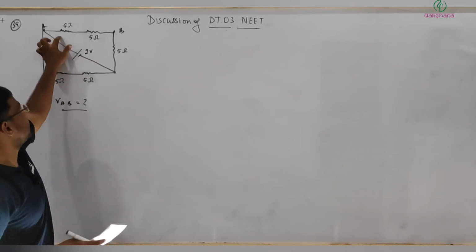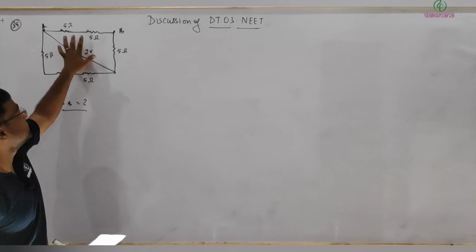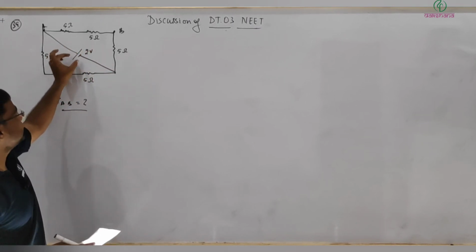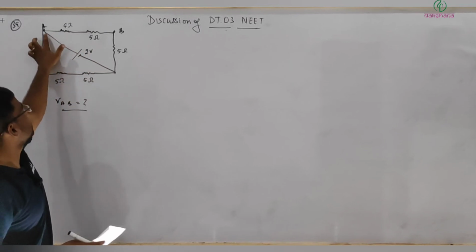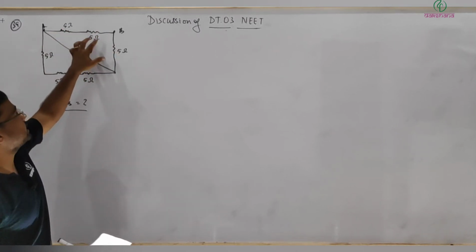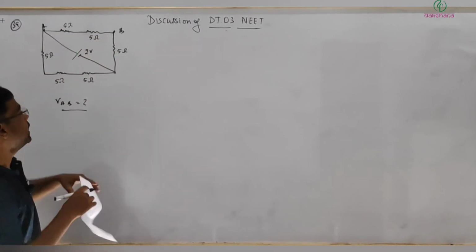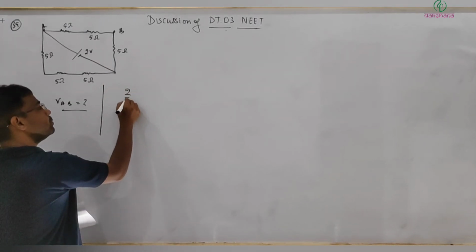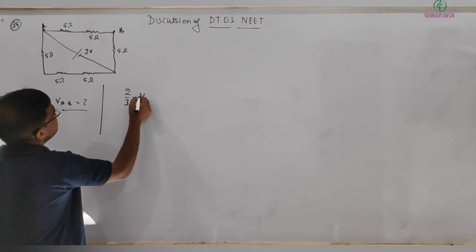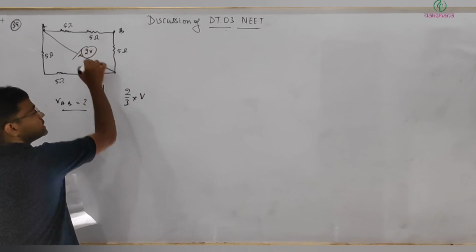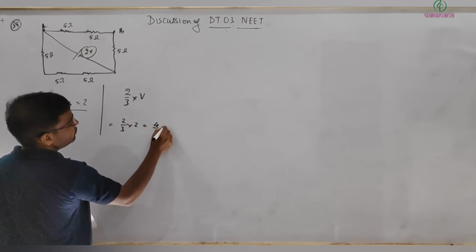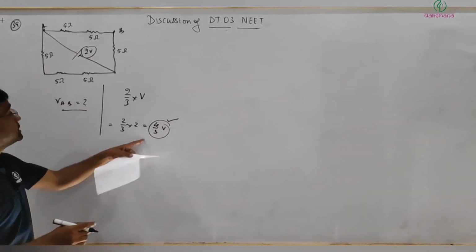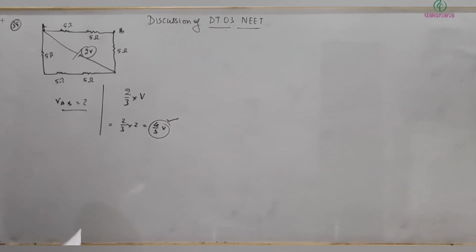The potential will be equally divided among these 3. So the potential difference across A and B will be the potential difference across these 2 resistors, which is 2 by 3 of the potential. So this comes out to be 2 by 3 into 2, that is equal to 4 by 3 volt. This is your answer for question number 39.